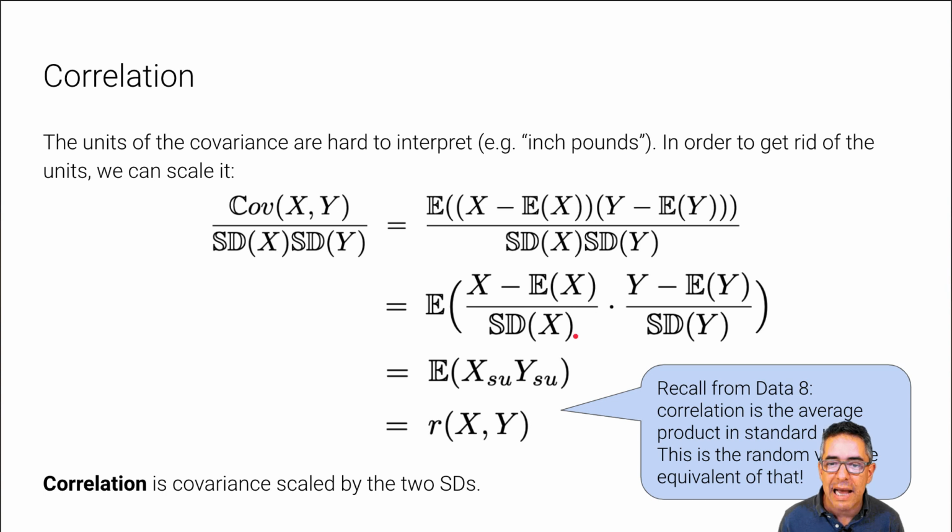Well, this is exactly what this construction gives us. This scaling of the covariance by the standard deviation is exactly computing the expectation of the product of the two variables, but after having been standardized. And this is known as the correlation.